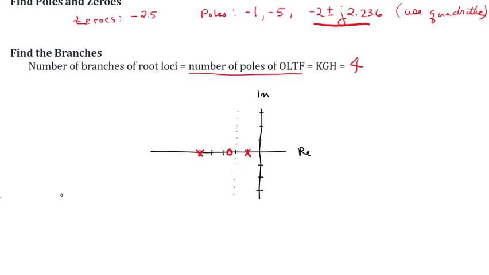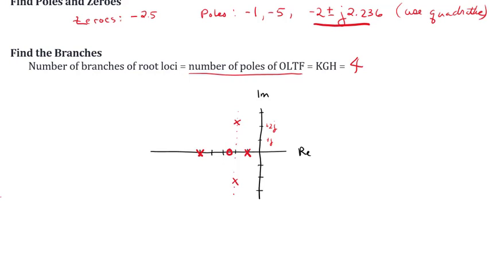That's about 2.25. So -2 is right here, and then this is plus 2j. So it's going to be right about there, and similarly, this is going to be right about here. Okay, so there are our 4 poles and our 1 zero.